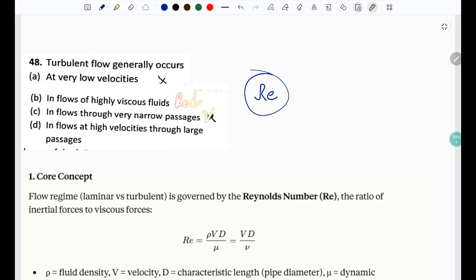Through narrow passages, no, diameter is less, Reynolds number will be less. And at high velocities through large passages, because not only would velocity be high, the diameter is also increasing, keeping nu the same, hence D will be the correct answer.